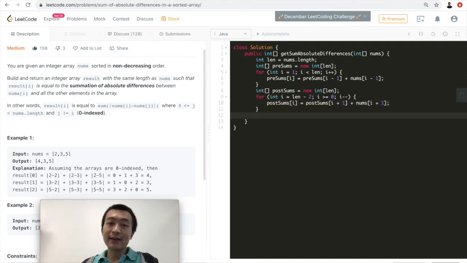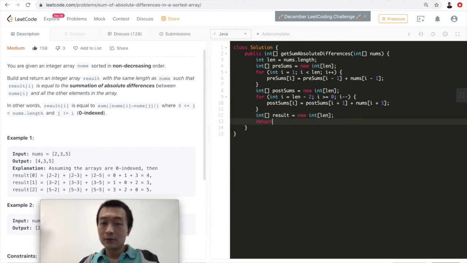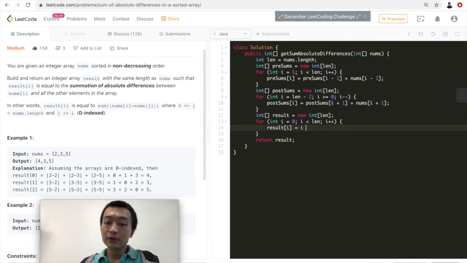After this, we can initialize the final result and return result. How do we calculate the result? We can simply use that formula, which is result I equals the total number of positive nums I, and then we'll minus n length minus I minus 1.